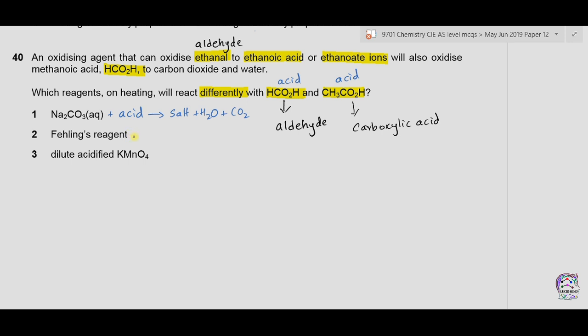Second is Fehling's reagent. Fehling's reagent can oxidize aldehyde. So therefore HCO2H will also be oxidized. While Fehling's reagent cannot oxidize carboxylic acid.